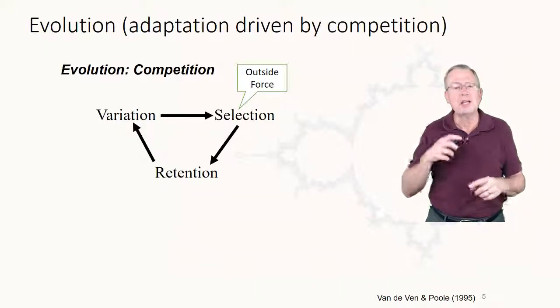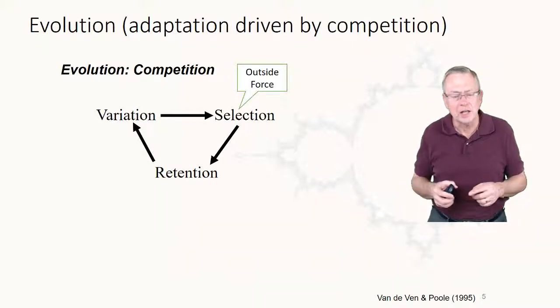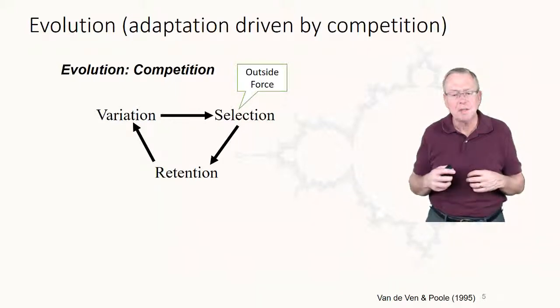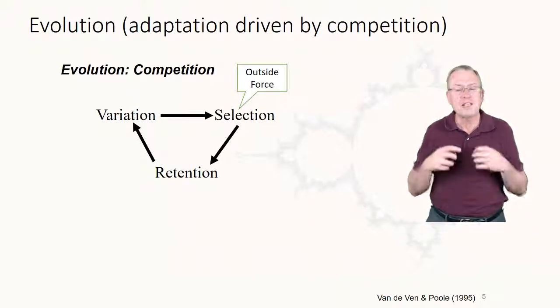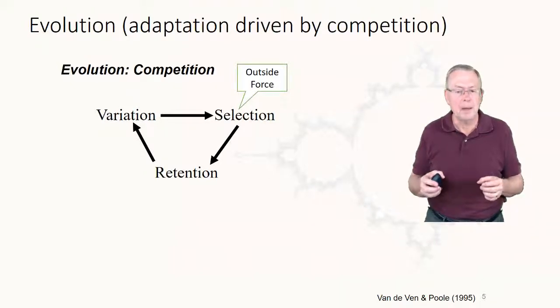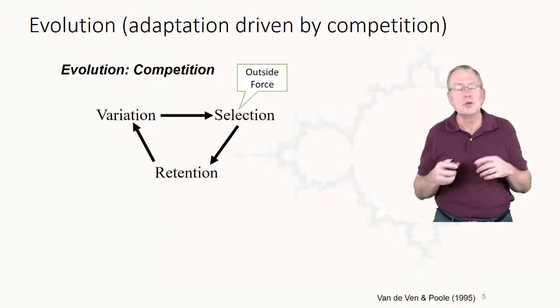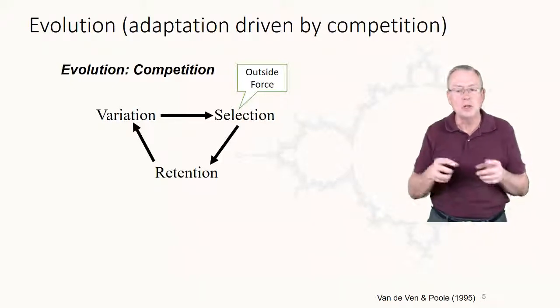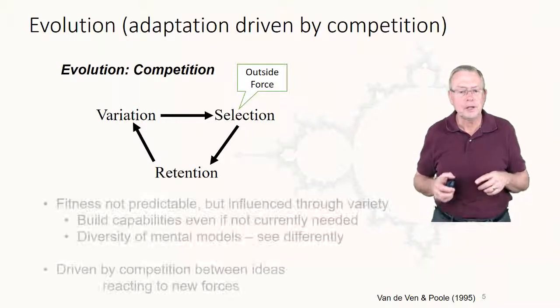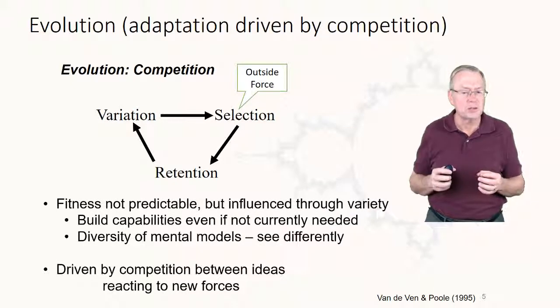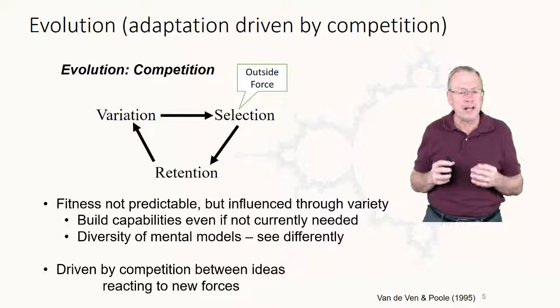There's also obviously a cycle once again, in that what is retained becomes a selective process to be fitness for that particular time, but that also then requires new variations on that new theme. This is a fitness cycle that is not predictable.